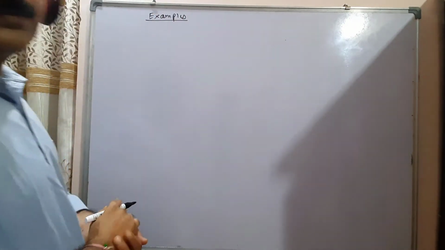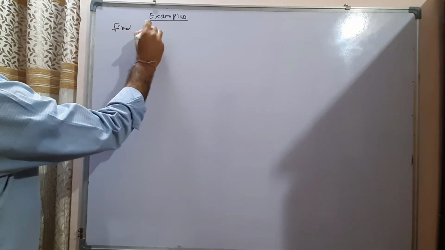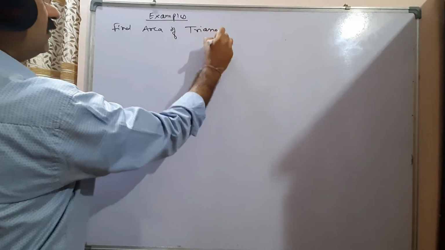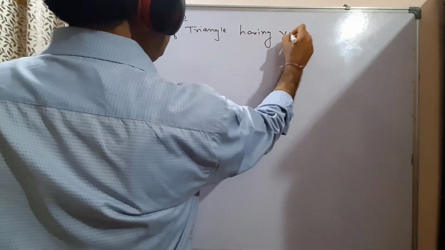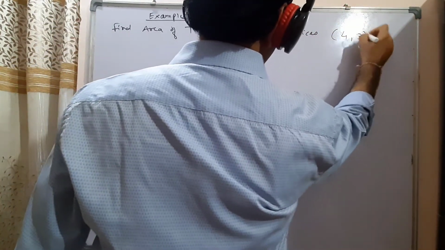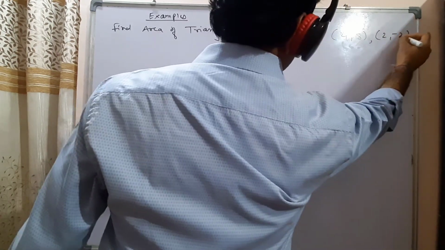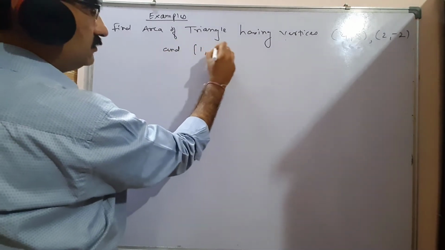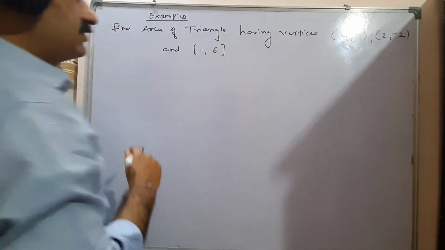Examples: find area of triangle having vertices 4, 3, 2, minus 2 and 1, 6.